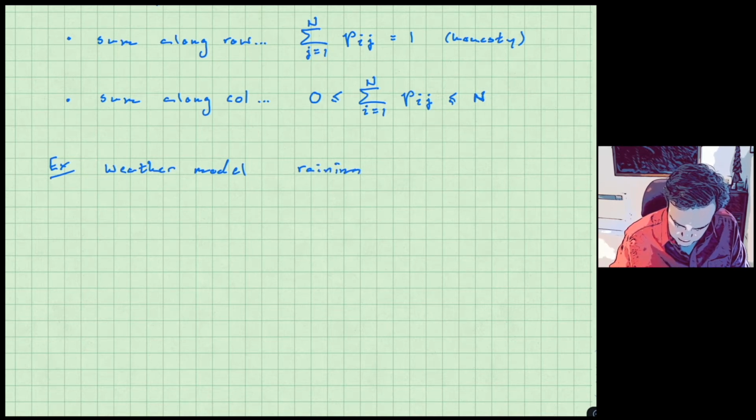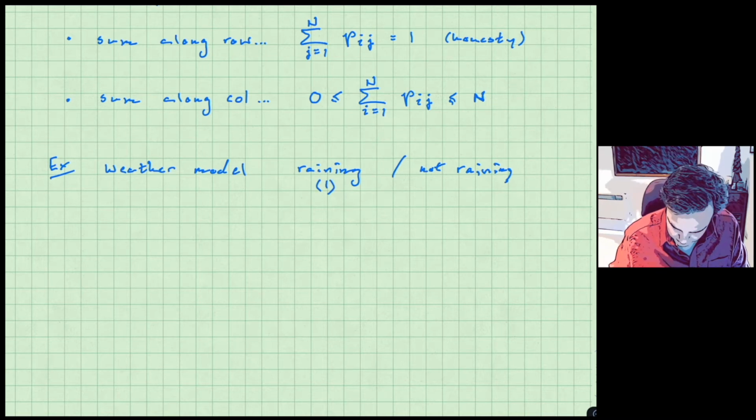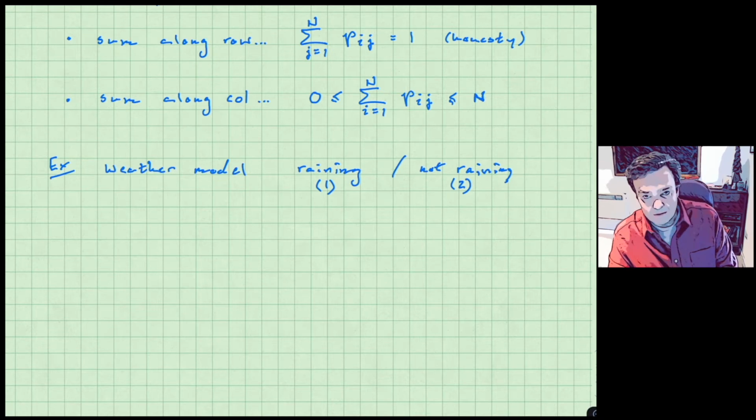Raining. Not raining, which I guess you could call sunny, but having spent some time in Scotland, that's not really the opposite of rain. So we'll label this state 1, and state 2 is the state of not raining.